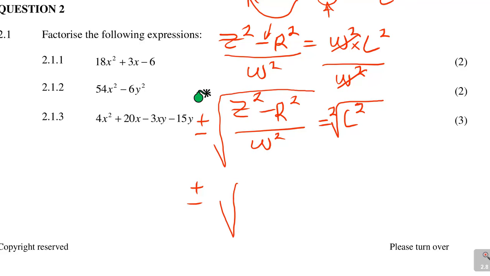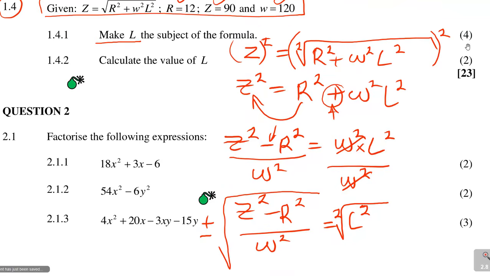It will be L is equal to the square root of Z squared minus R squared over W squared. That is how you get your first 4 marks.